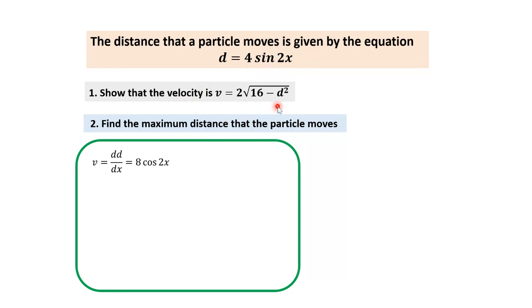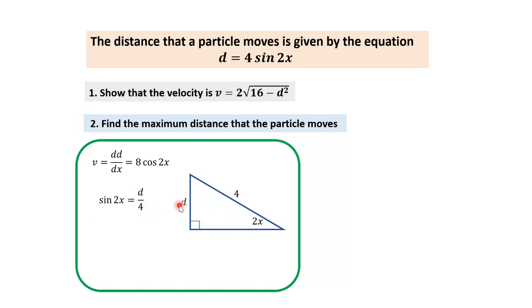Okay, so if ever I want to turn trig into algebra, I have to use my right-angled Pythagoras triangle using trig ratios. So I go back to the question and I say, hold on, I'm going to write this as d over 4 equals sine 2x, or sine 2x equals d over 4, because then when I put this in a right-angled triangle, I can say that I'm going to make 2x my angle, and then the ratio of sine is the opposite over the hypotenuse.